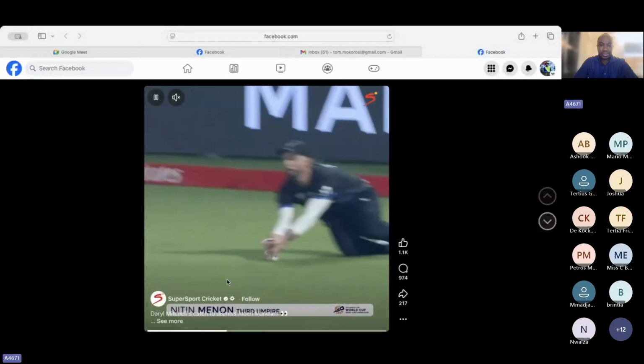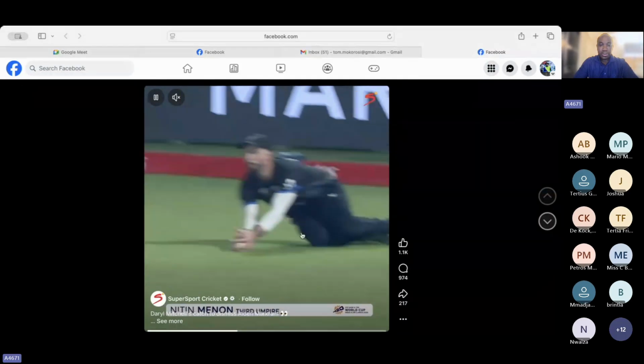I have already had a number of people asking me about the validity of this catch. The TV umpire gave it out. I'm just going to share my screen for everyone to see it. This is the first time that I'm seeing the video footage of it. Let's go through it together.